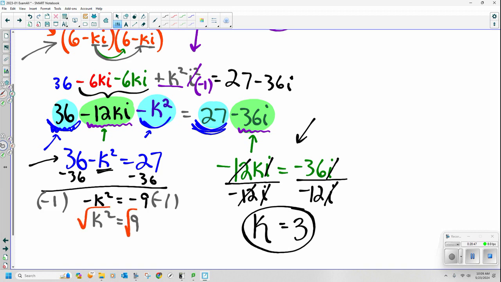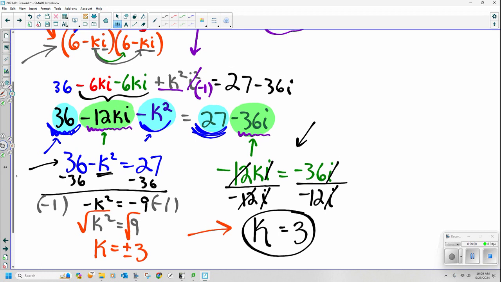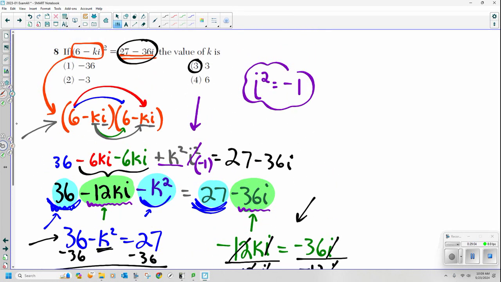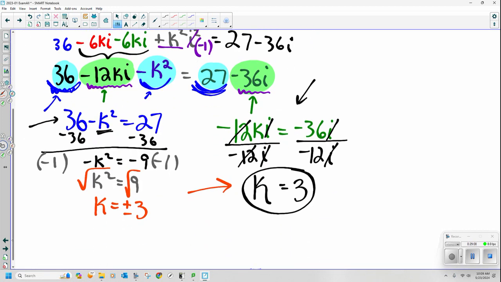When I undo a square, it's a plus and minus, so it's both a positive 3 and a negative 3. So I ultimately would have to use the easier side to realize it has to be the positive 3 and not the negative 3. Anyways, there's no choice that has positive and negative 3. I would have to go back to this side anyways.